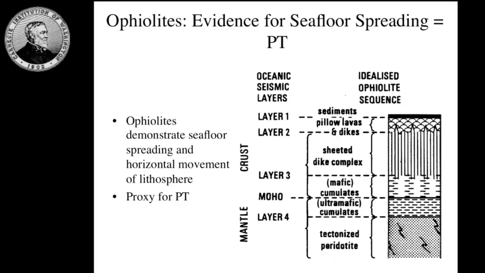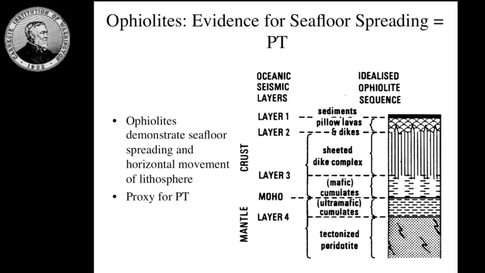An ophiolite is an association of rocks that is accepted by the geologic community to represent oceanic crust and upper mantle that's placed up on land for study, which really works well for us because we like to breathe air for some reason. So there are sediments, a certain kind of lavas, pillow lavas that have a very diagnostic appearance.